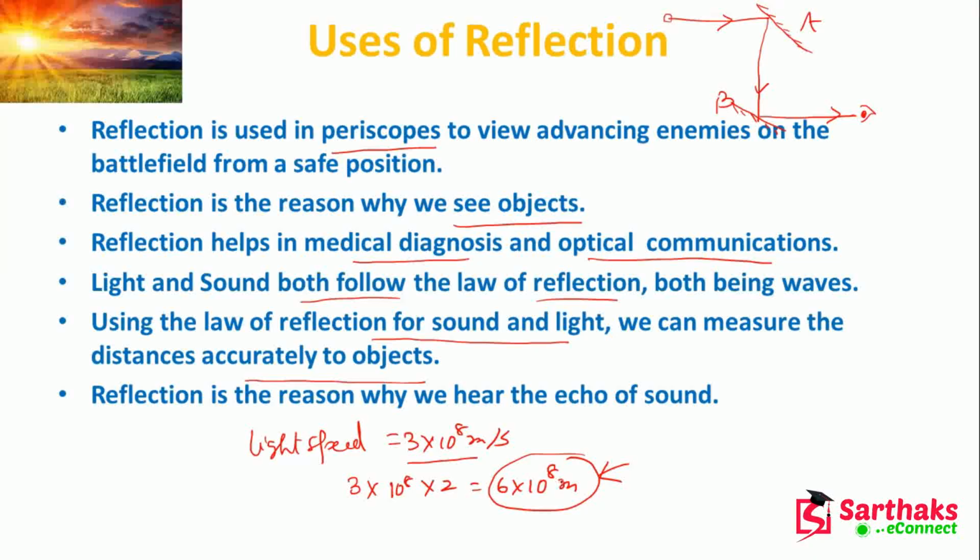Another very important thing is the echo of sound. Reflection is the reason why we hear the echo of sound, and by hearing the echo, we can find out the position of the object also. If you utter something, suppose B, you can hear it in mountain areas whenever you visit for a tour.